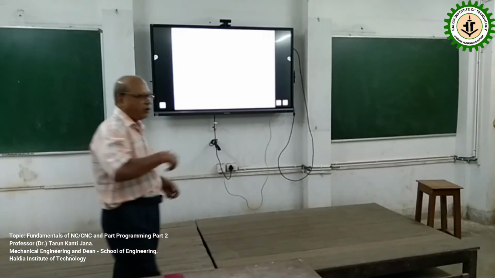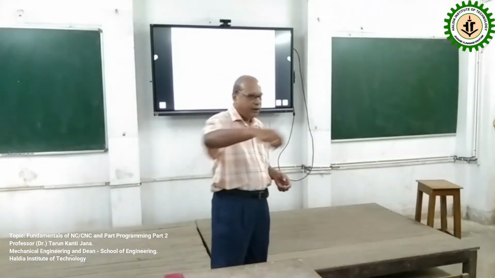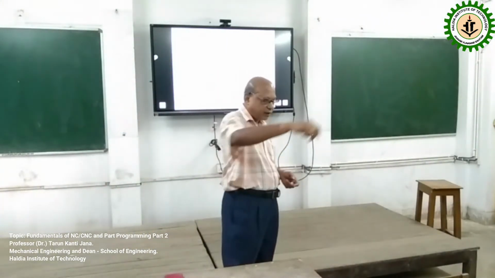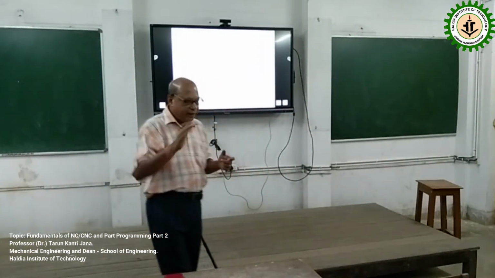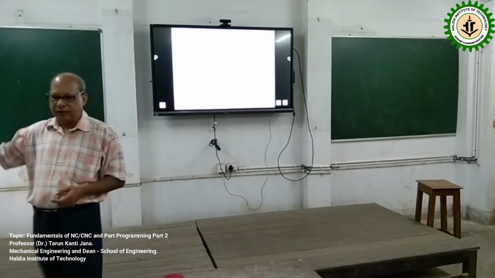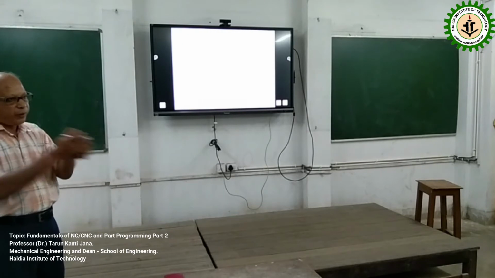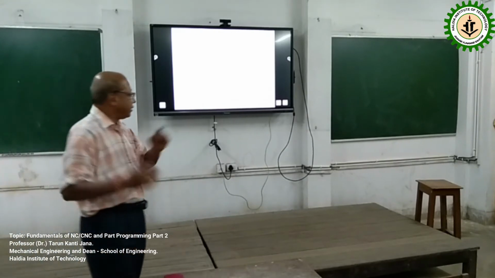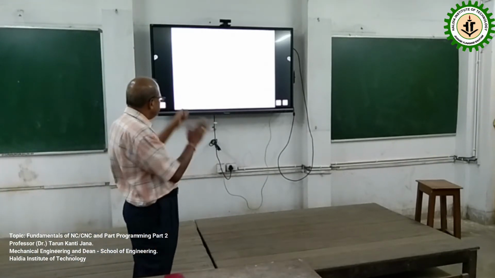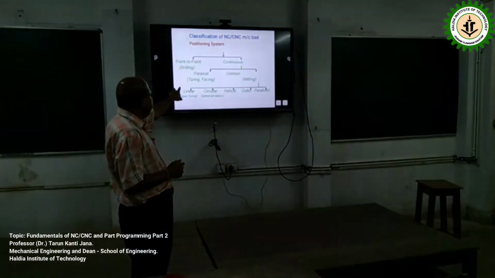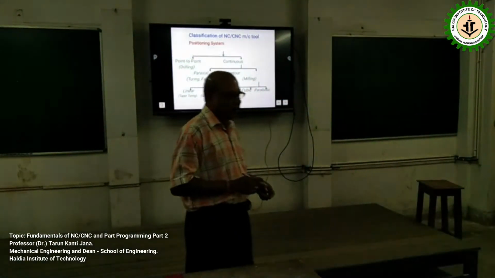In contrast, in all other categories, motion is continuous. Be it straight line, be it circular, whether it is parabolic or any other profile, it is continuous. So on one hand it is point to point, on the other it is continuous. Now within the continuous segment, there may be two variants: one is paraxial and another is contour.